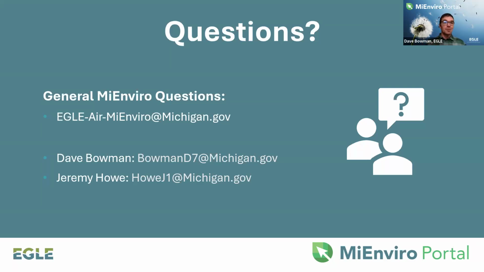When you give Dave's test company permission to upload something to your site in MiEnviro, you're giving me the option to fill out a 912 rule. You're giving me the option to submit MAPs. Be very, very aware that when you give someone a role to do that for your company in MiEnviro Portal, you're not just giving them one thing, you're giving them everything.